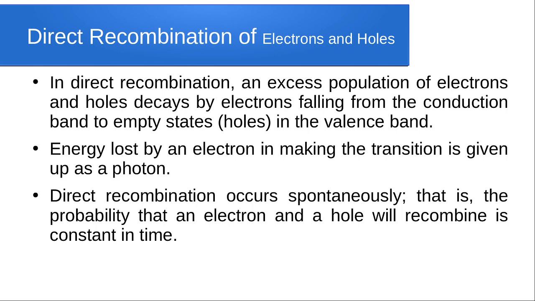In this case, the energy is given up as photons or light energy. Another aspect of direct recombination is that it occurs spontaneously. That is, the probability that an electron and a hole will recombine is constant in time.